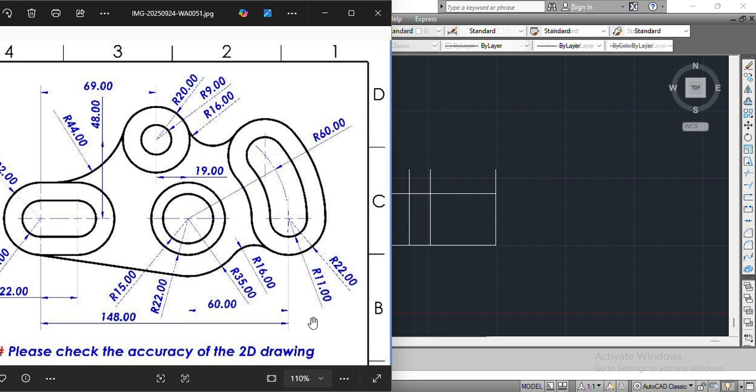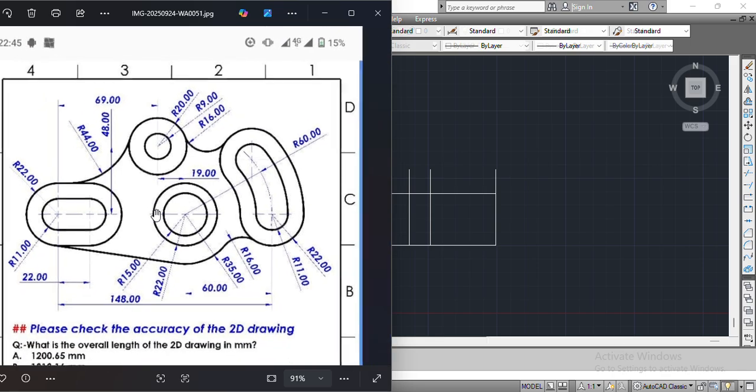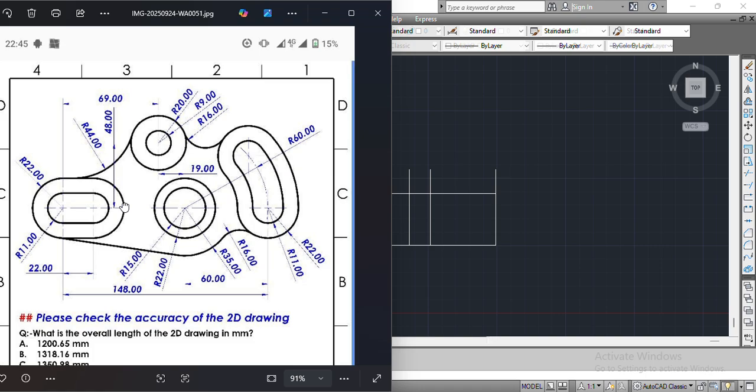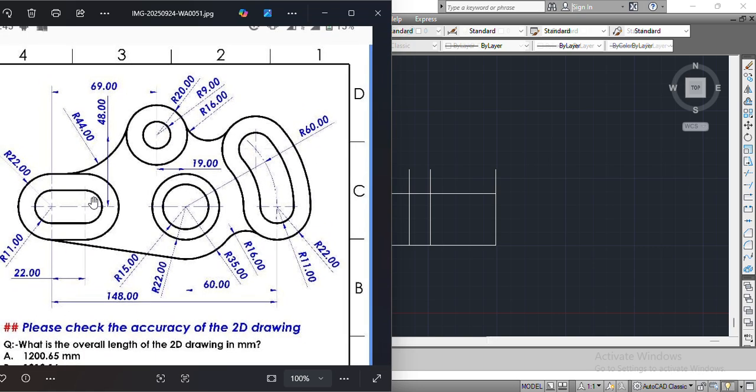We are then going to draw this circle. We are going to draw this circle of radius 22 and circle of radius 11.